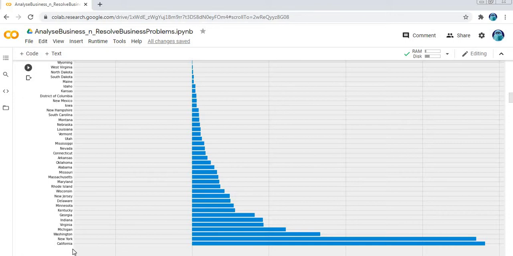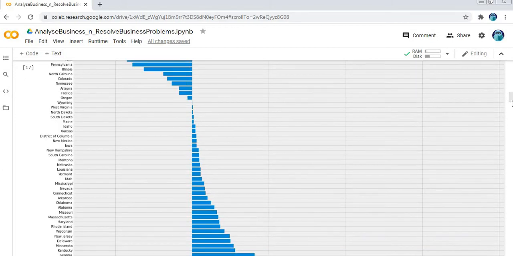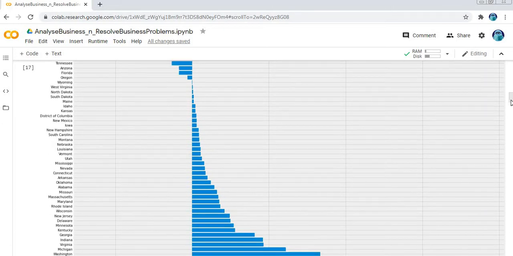We find that California and New York are performing the very best, and from Washington onwards to West Virginia and Wyoming, it is gradually falling, with West Virginia and Wyoming earning negligible profit.